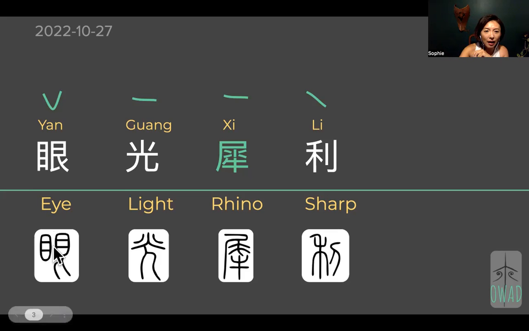So we have the eye, which is a visual representation of the eye. Instead of a horizontally opening eye, for the economy of space, we rotate it into this vertical representation of the eye opening. Still, the two horizontal lines mean the eyeball.